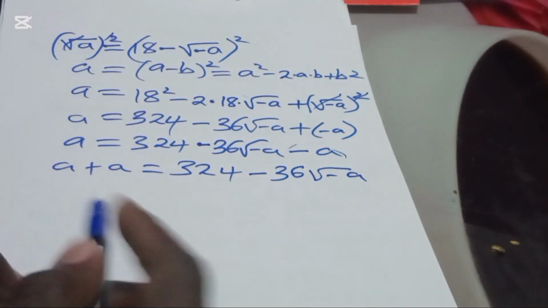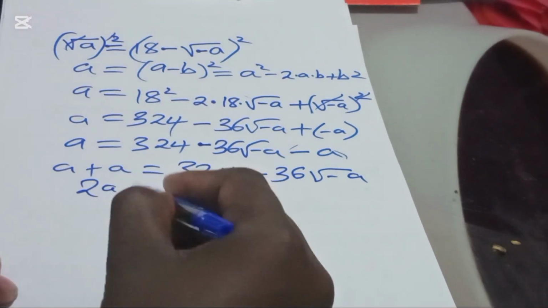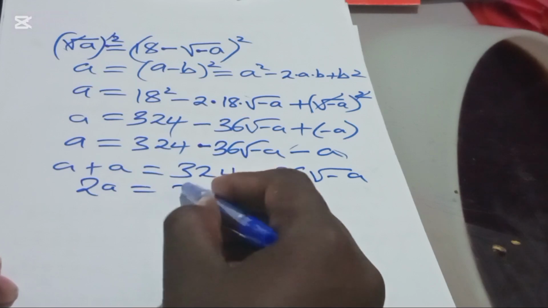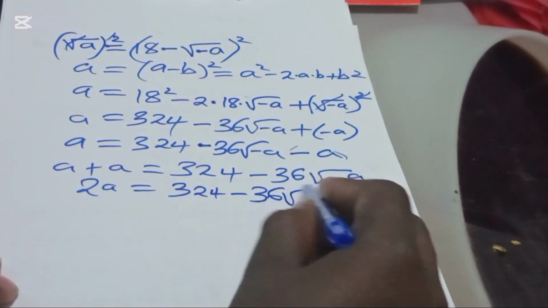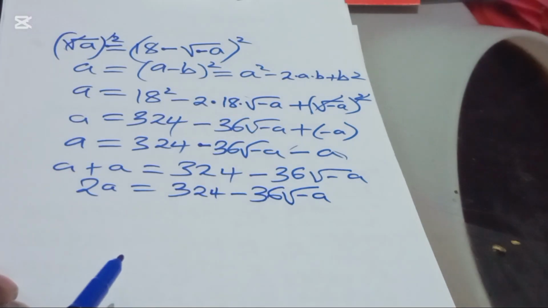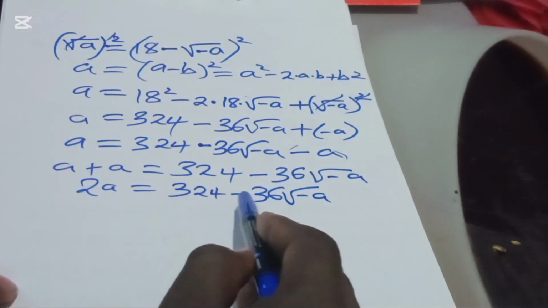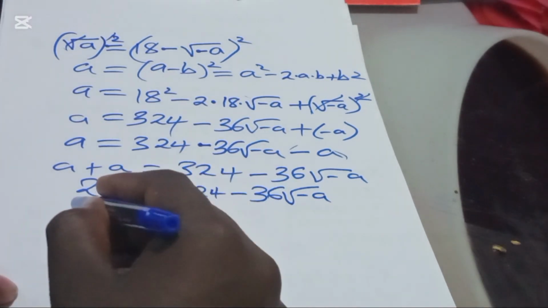This is 2a equal to 324 subtract 36 square root of negative a. Now we can write this as 2 multiplied by 162, which is the same as 324, subtract 2 multiplied by 18, which is 36, square root of negative a.